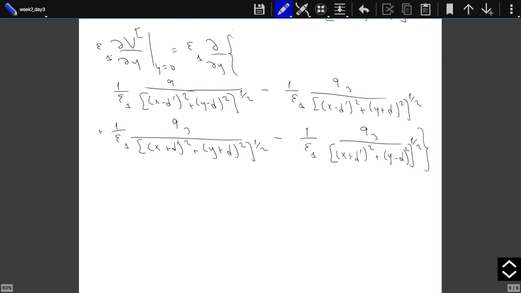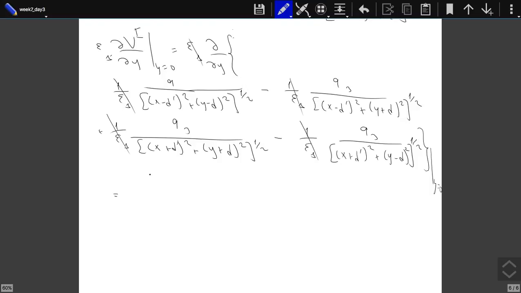I will not write each step explicitly. Eventually, we will be putting y equal to 0. So this is equal to epsilon, well, epsilon 1s will cancel. We don't have any epsilon 1s anymore.